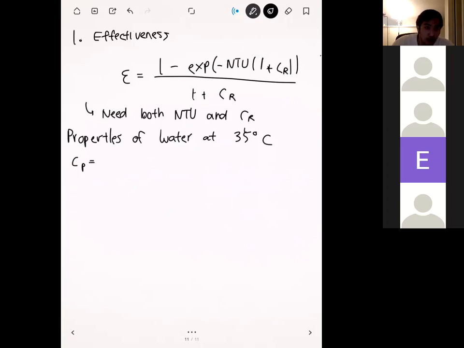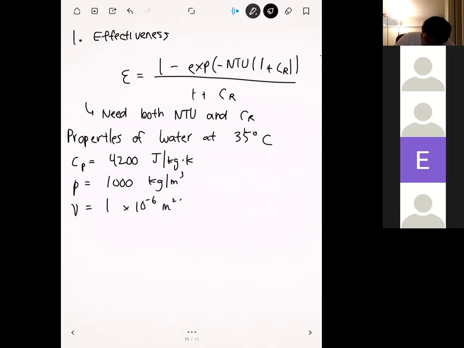So first we have the specific heat. And so the specific heat is going to be 4,200 joules per kilogram K. Okay. Then we have the density. The density is going to be 1,000 kilograms per meter cubed. Okay. Viscosity, we're going to say is 1 times 10 to the minus 6 meters squared per second.